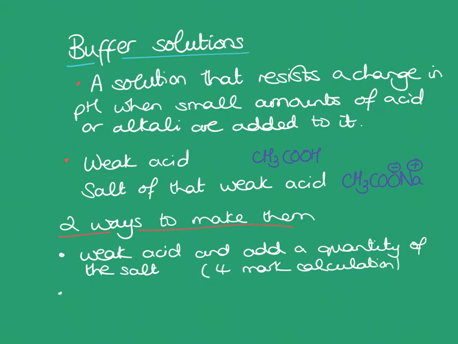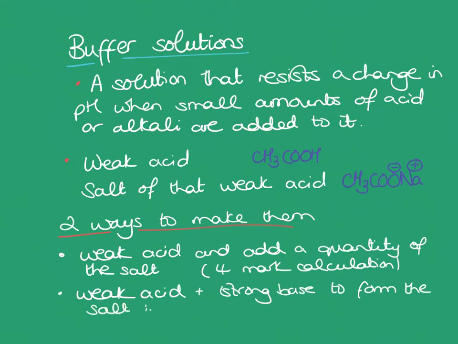And then the other way is to take the weak acid, add a strong base to form the salt in situ. And when that appears as a calculation, that's a 6-mark calculation.